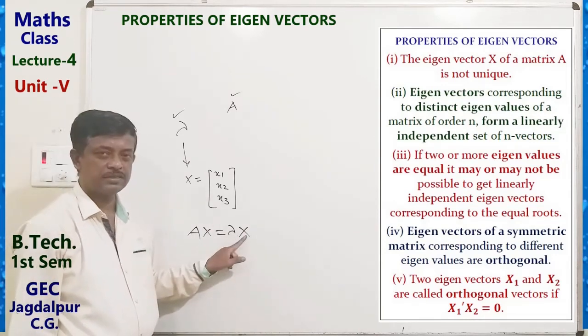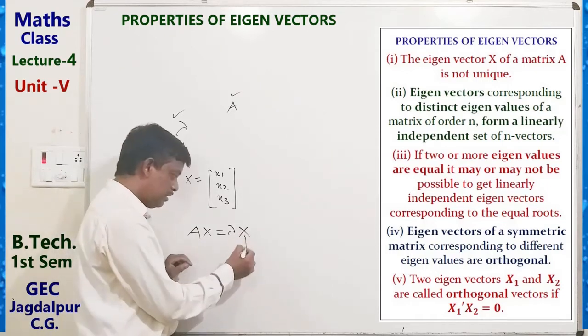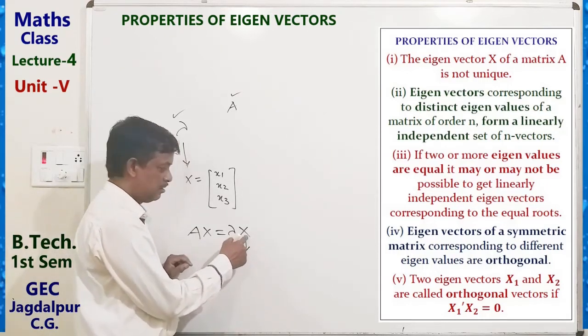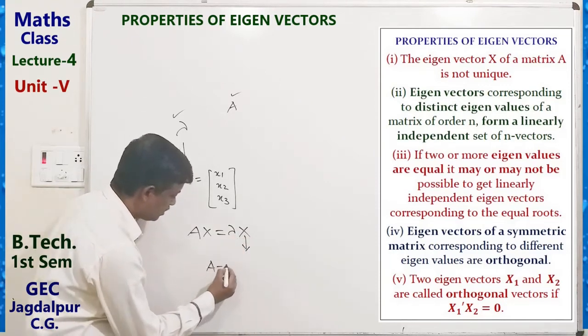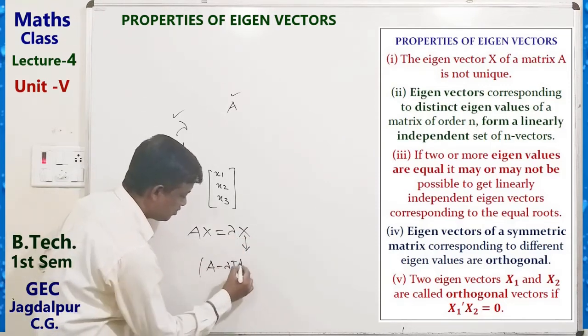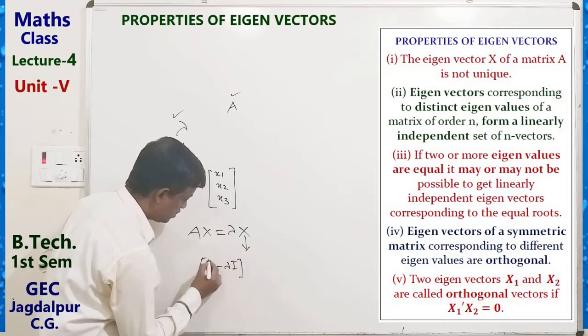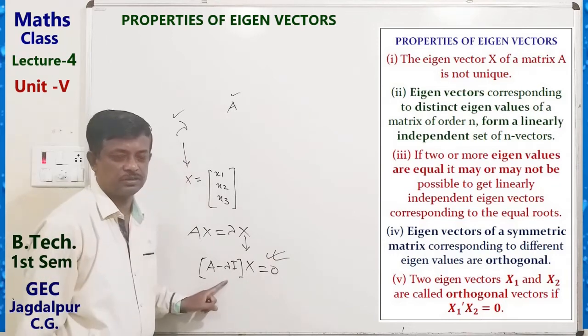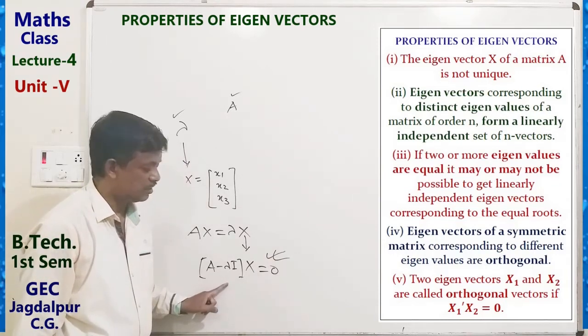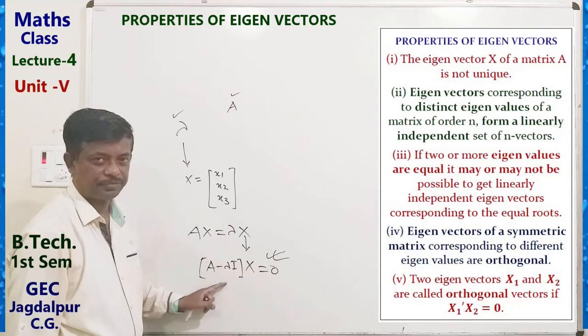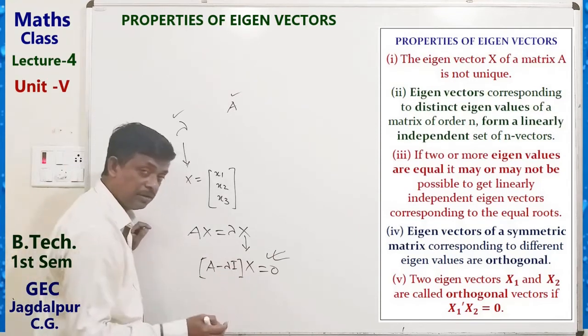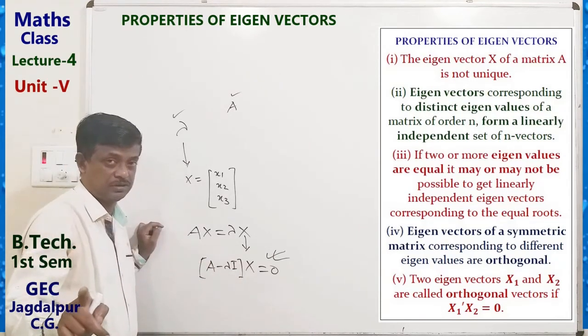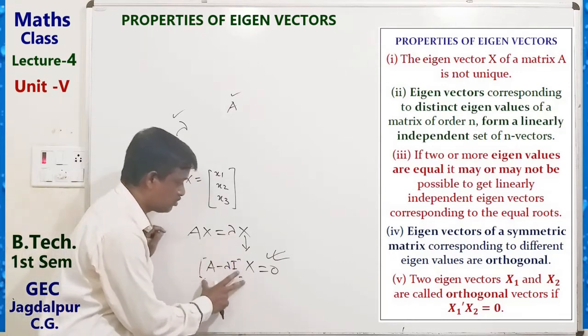For finding this eigenvector, we write determinant of A minus lambda I times x equals 0. This is a homogeneous simultaneous equation; it gives a non-zero solution if its determinant equals 0.